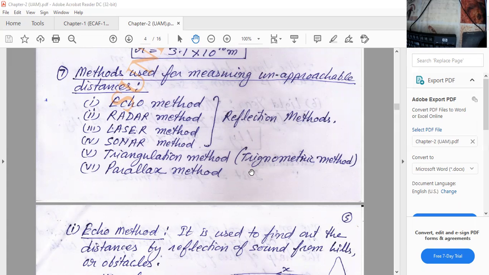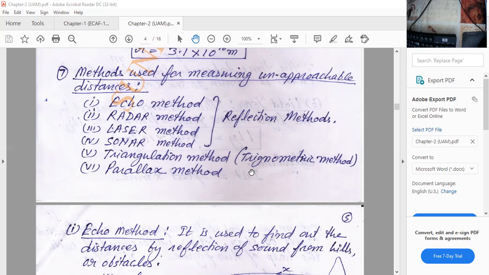But there are some distances which are unapproachable and cannot be measured by a tape or scales. To measure such distances, we use different methods. These methods are the echo method, radar method, laser method, and sonar method.